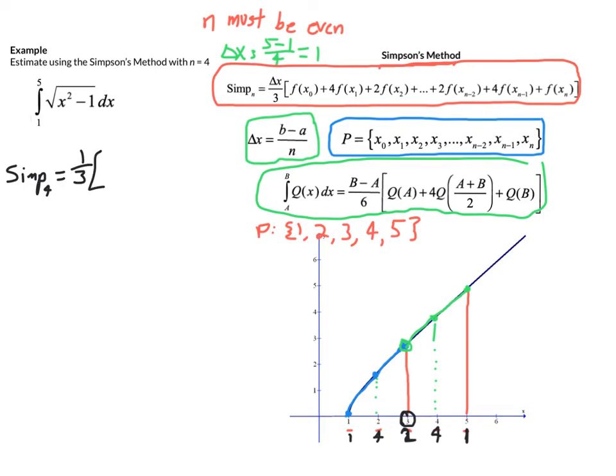And then 1 f of x 0, so that's the left endpoint of 1, and then 4 f of x sub 1, so 4 f of 2, and then 2 f of 3, and 4 f of 4, and then on the right endpoint we have 1 f of 5. So the mechanics of Simpson's method, when we're actually calculating with it, look very similar to the trapezoid rule. And then we just go ahead and evaluate our function at those places.